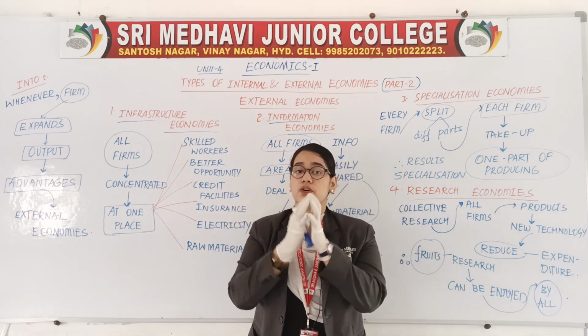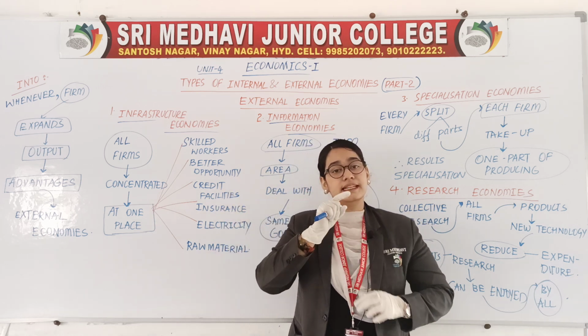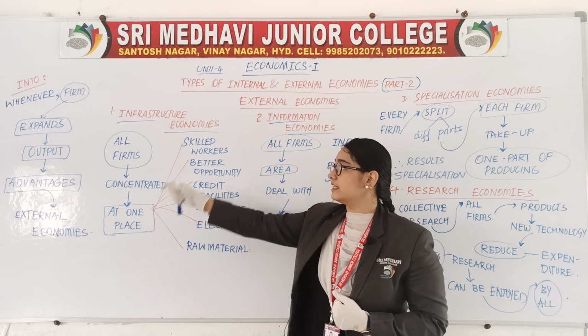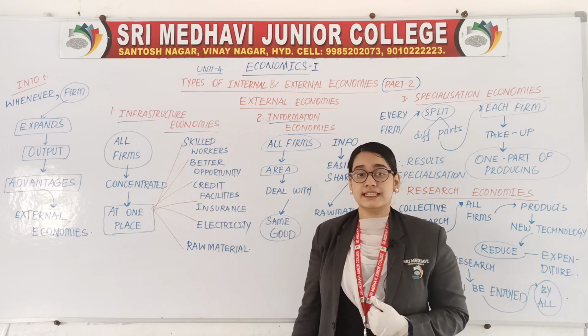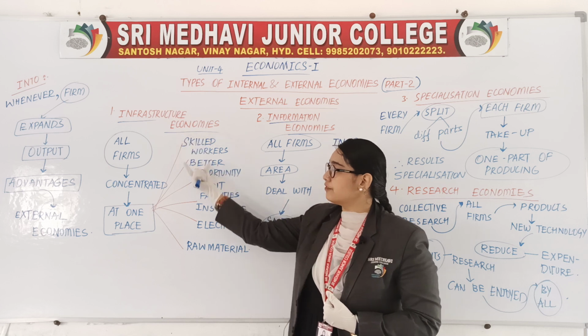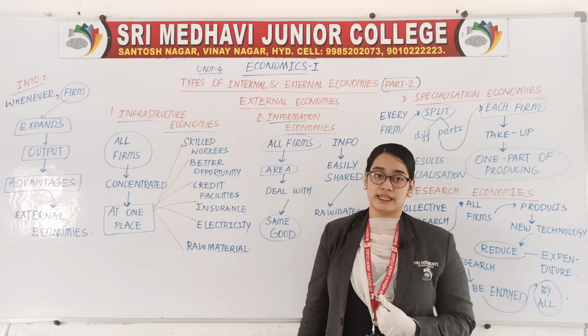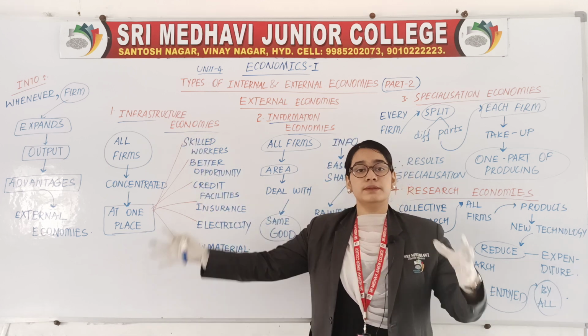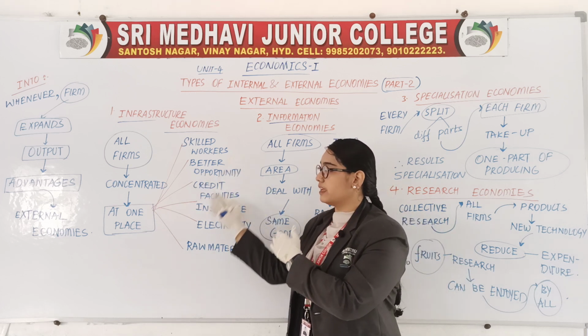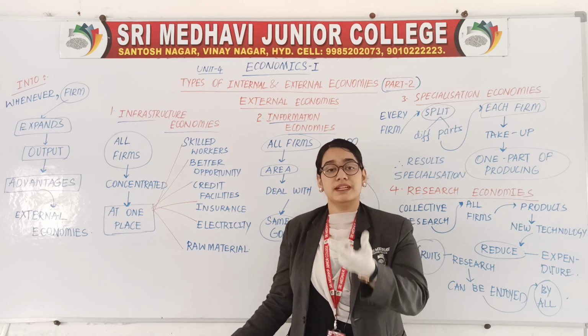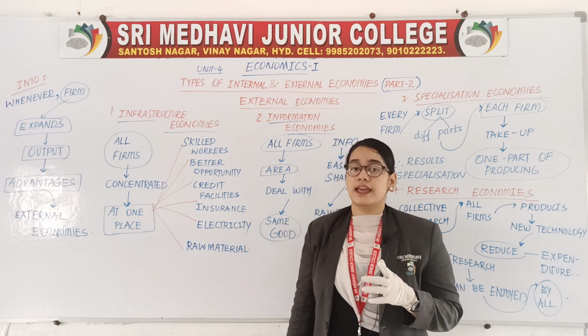When all firms are concentrated at one place, it is getting the advantage of infrastructure. Because of this reason, it is termed as infrastructure economies. So, we term it as infrastructure economies.